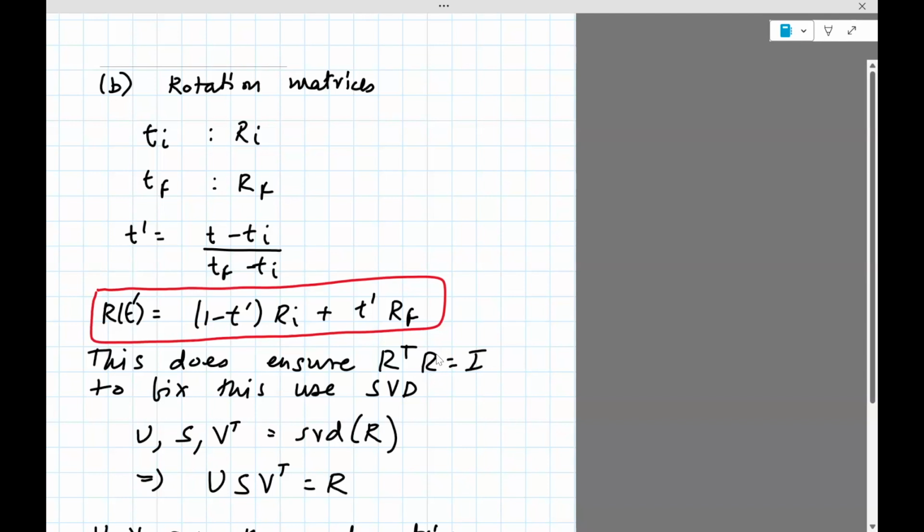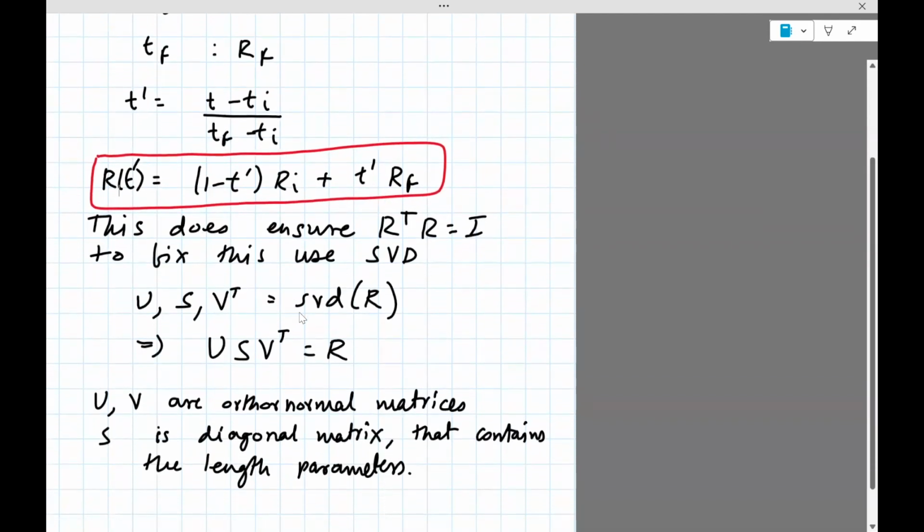In order to make R orthonormal, you do the singular value decomposition. This is one way in which you can get the scaling parameter out. Don't worry too much about it. What U, S, V are is that you can write the rotation matrix as U times S times V transpose, where U and V are orthonormal matrices, and S is a diagonal matrix, so it will only have diagonal terms, and it has the length parameter.